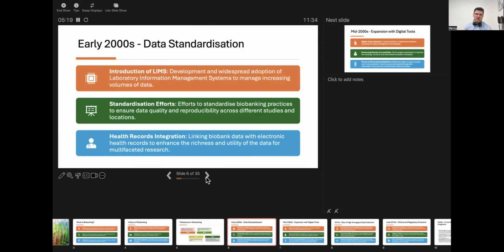There's a lot of emphasis on standardization. So if you collect samples, you want to make sure that the variance that you observe in the data is the consequence of biological differences rather than technical or lab differences or artifacts that have been generated because you are using a different machine or a different lab person, or it's done in a different lab.